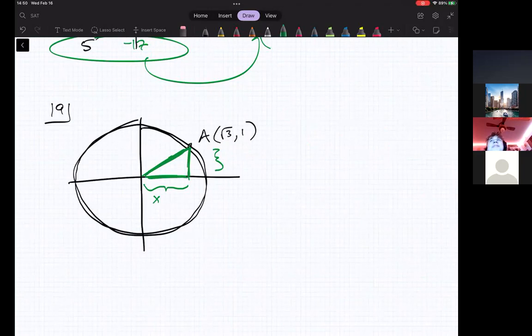The value of X is literally the X value of this point, which is √3, and the Y value is 1, okay? So now the question is, how do you figure out the hypotenuse? Well, you don't have to find the hypotenuse, but if I want to find the hypotenuse, I could do Pythagorean theorem, right? √3 squared plus 1 squared equals, let's see, that's 3 plus 1 equals 4. So that's going to be 2 squared. So the answer is 2.